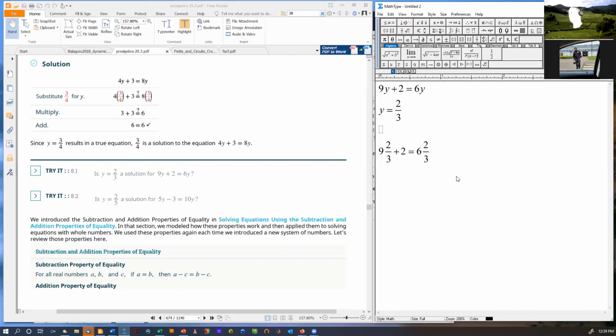Is that simple? So this is going to be 9 times 2 over 3 plus 2, equal to 6 times 2 over 3. So this becomes 18 over 3 plus 2 equals 12 over 3.